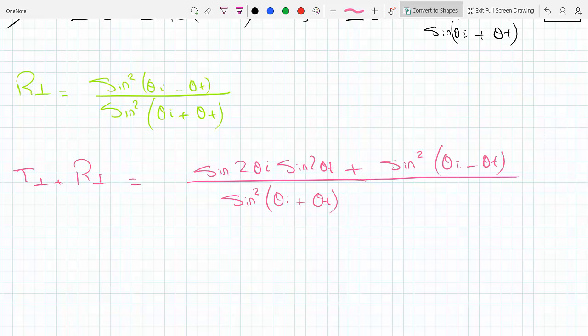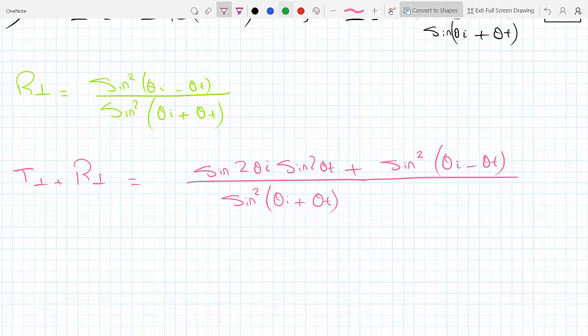Okay, so let's see. Let's take the numerator and work it out separately, since the trig may belong here.